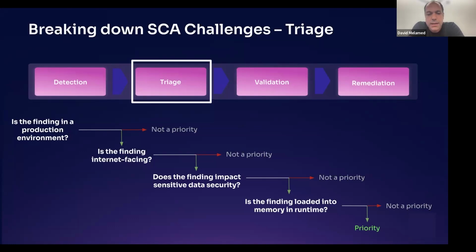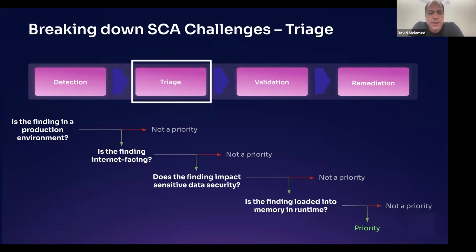The second is, is it really exploitable? First of all, you want to understand if, for example, the package and the service that has this finding is internet facing. Because if it's internet facing, then there's a way you can exploit it more easily than if it's not internet facing.